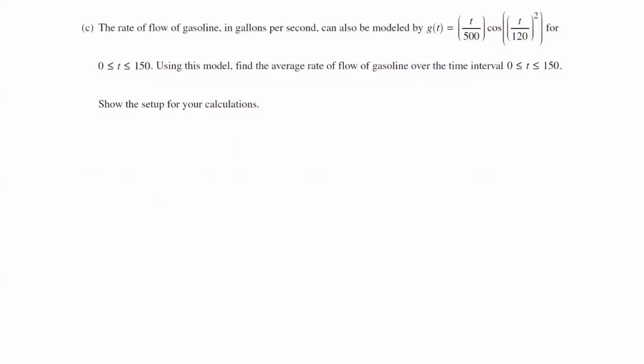So this average rate of flow is equal to 1 over 150 minus 0 times the integral from 0 to 150 of g of t dt.